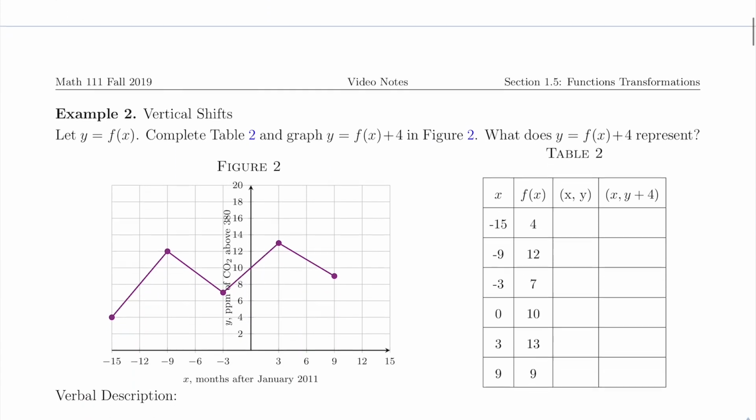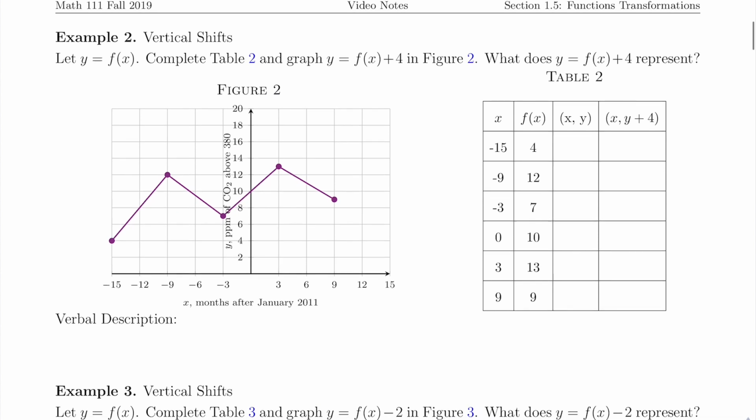So let's get started with vertical shifts. This is something you've seen already, and we are looking at our function value f of x, and we are adding 4 to it, and we're going to take a look at what happens. So we'll be looking at the graph first, and we think about what happens. Our x value remains the same, and our y value gets 4 added to it.